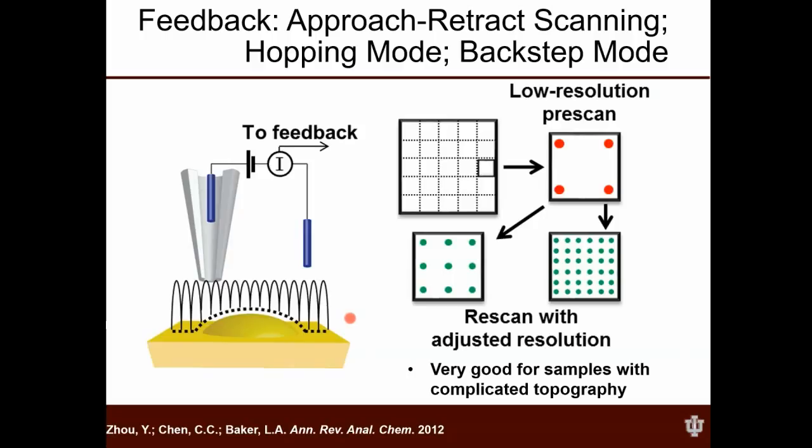This proves to be extremely useful for samples with complicated topography. It's been used for things like really complicated neural fibers and bundles, and collagen fibers. It's a really nice technique. Some of the data that I'll show you at the end is data that we took with the Park SICM using this approach retract scanning mode.